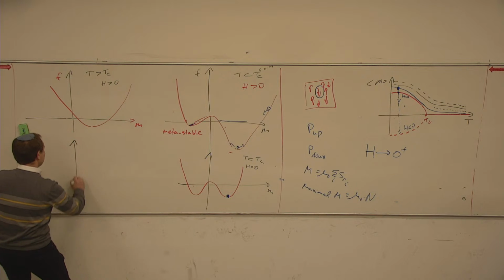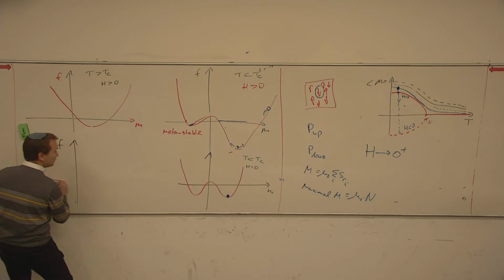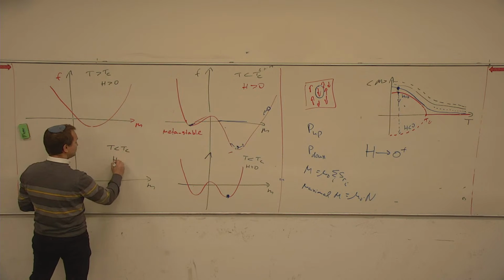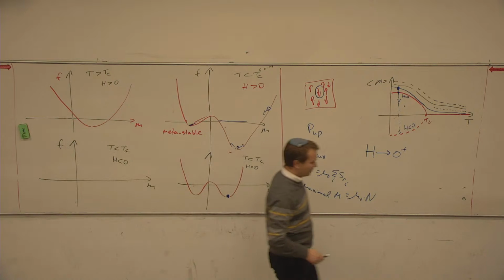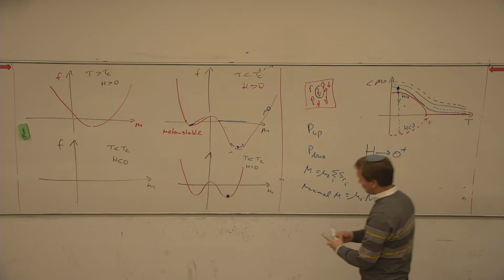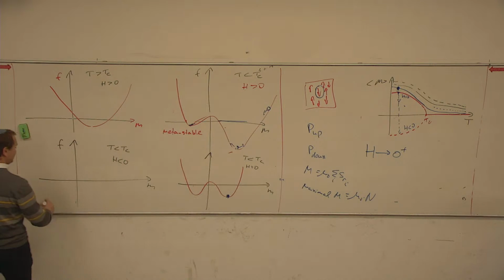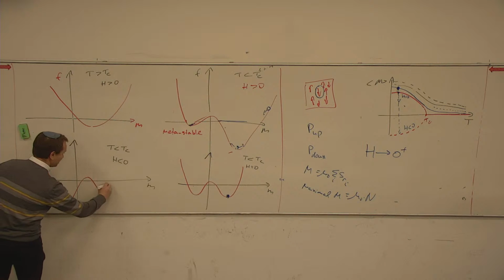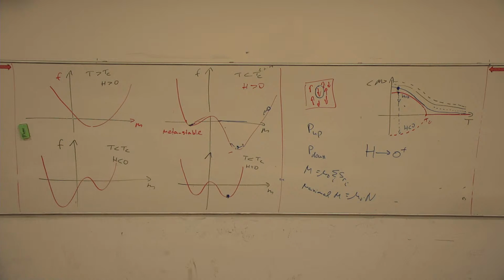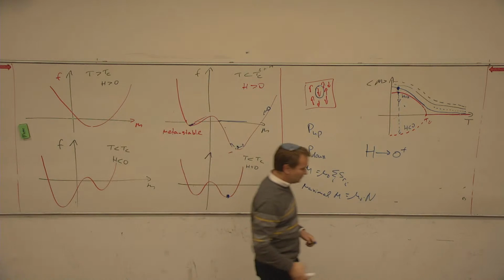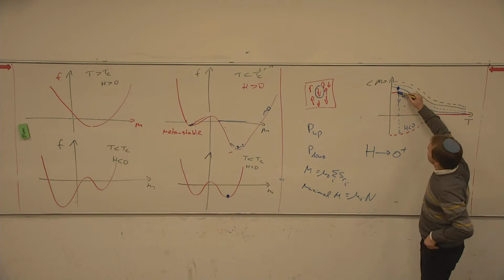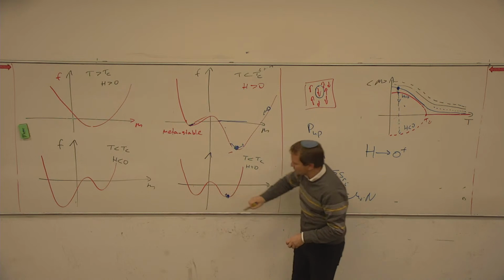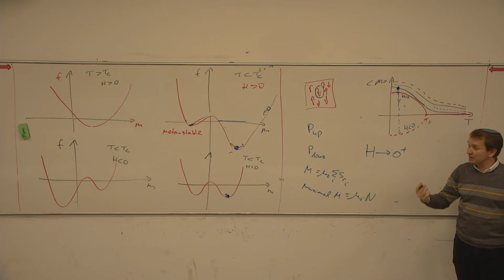Okay, so we have f, and we have m, and we have t below tc. H is lower than 0. And now we have something that looks like this. So what's going on? We started from this point. It was sitting at this well on the right hand side, so positive net magnetic moment.